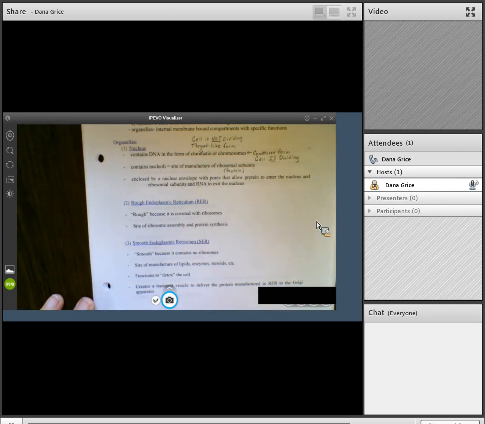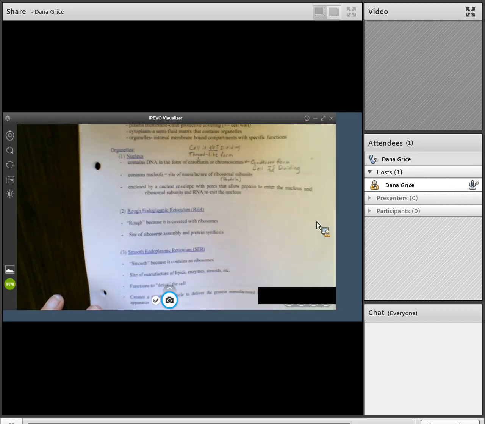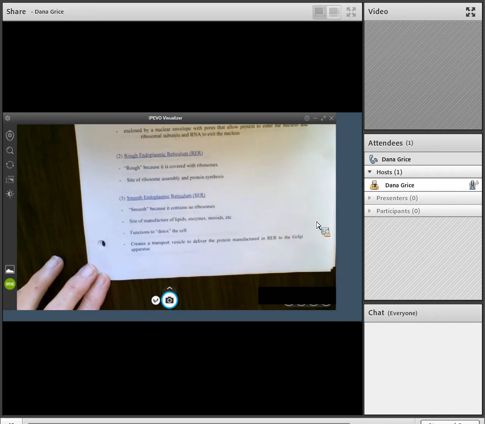All right, the last thing you see here under smooth endoplasmic reticulum mentions the creation of a transport vesicle to deliver the protein that was made up there in the RER. Remember, that was RER, not SER, to our next organelle, which is going to be the Golgi apparatus.